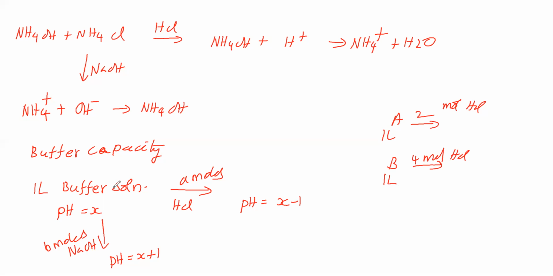Efficiency of a buffer solution means in terms of buffer capacity. You have to conclude which buffer solution you want, that is, how much buffer capacity the buffer solution should have. As per that, you have to prepare the buffer solution and use it.